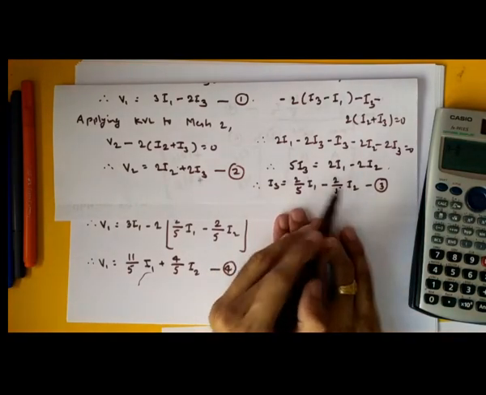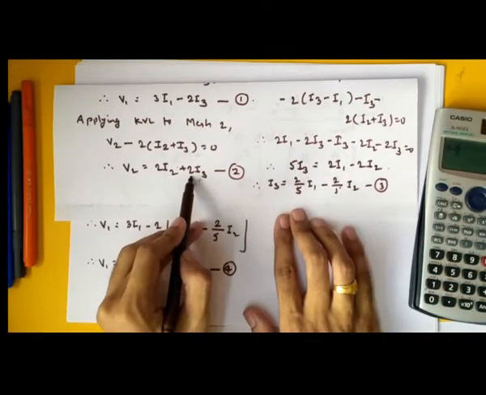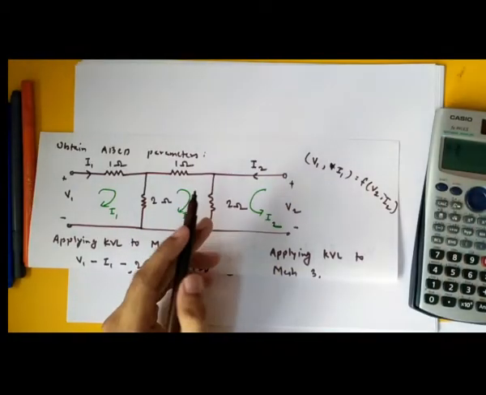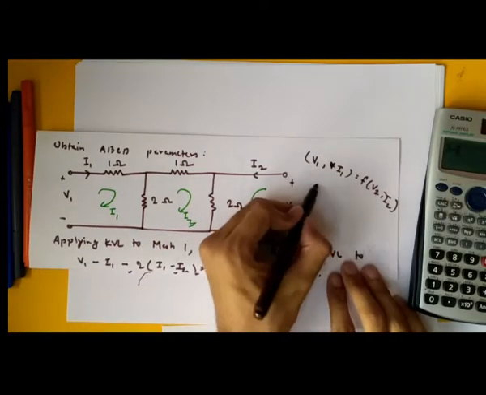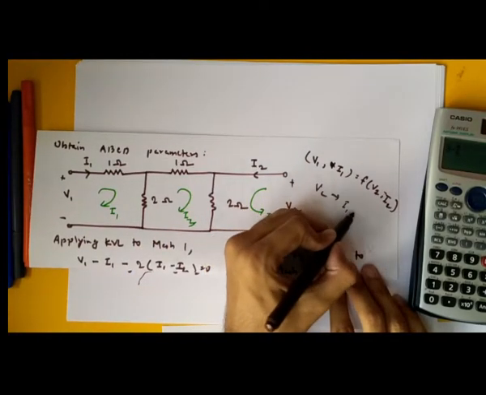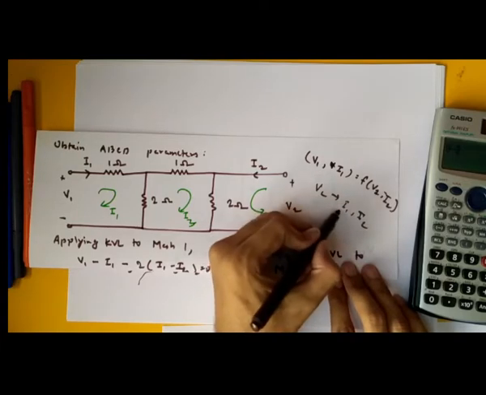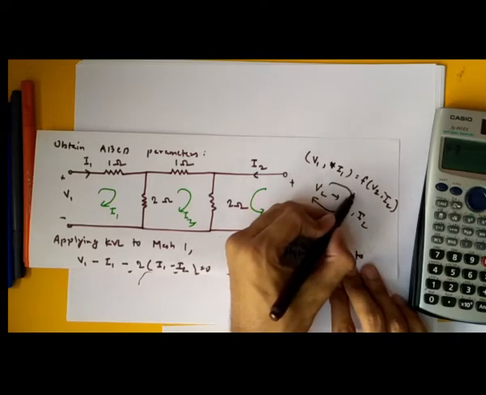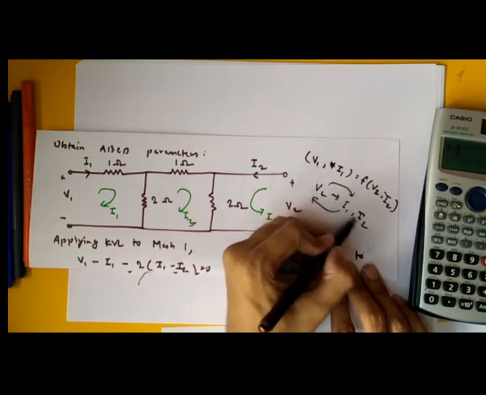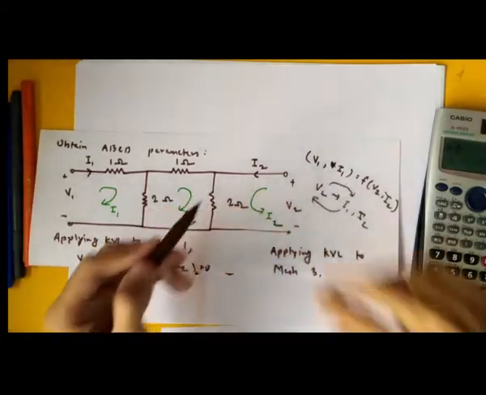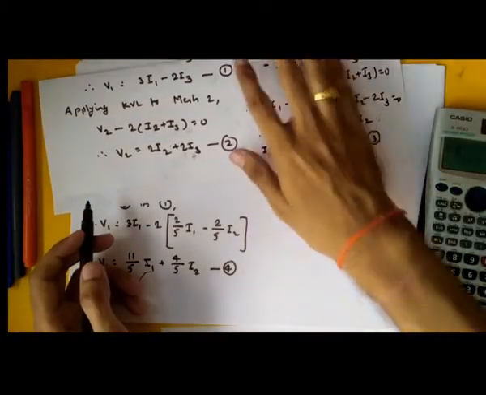If we substitute this here, we will get V2 as a function of I1 and I2, right? So what you can do, you can take this I1 here, you can take this V2 here. So I1 will be a function of V2 comma minus I2, right? So this is the way you have to think.